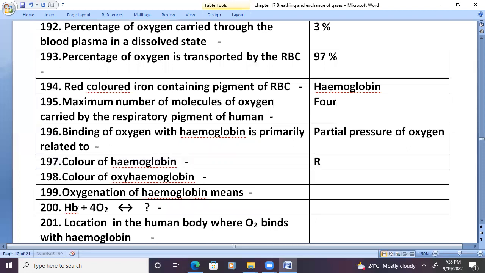The color of hemoglobin is generally purplish-bluish red, and the color of oxyhemoglobin is bright red. Oxygenation of hemoglobin means oxygen binding with hemoglobin.